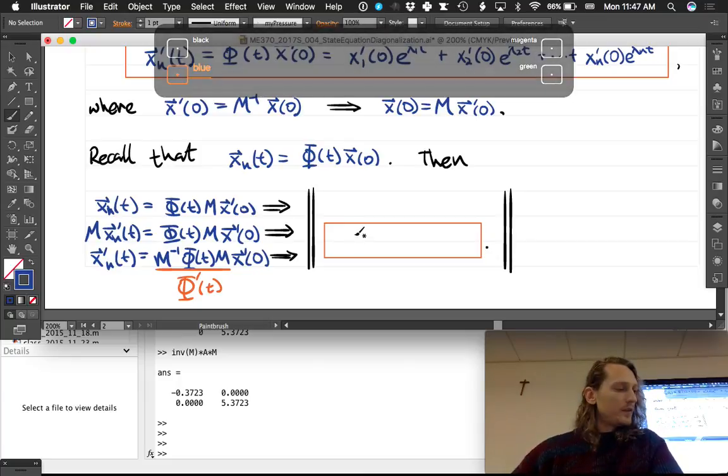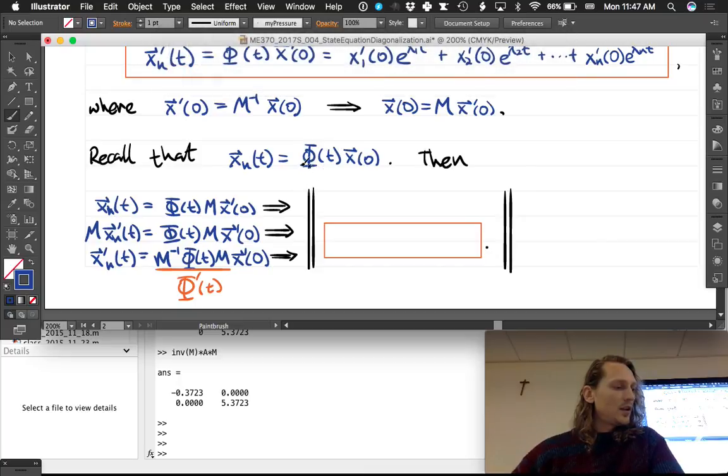So now we've got this expression here: phi prime of t equals m inverse phi of t m. Okay?